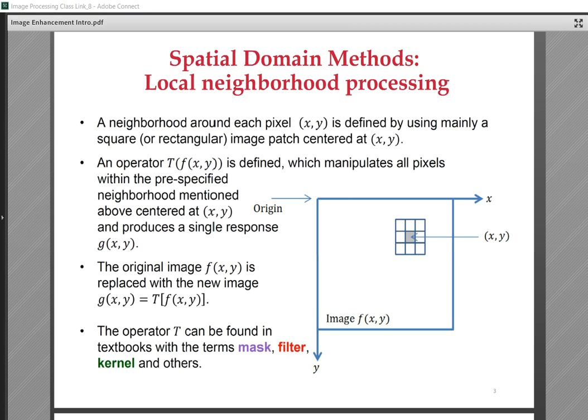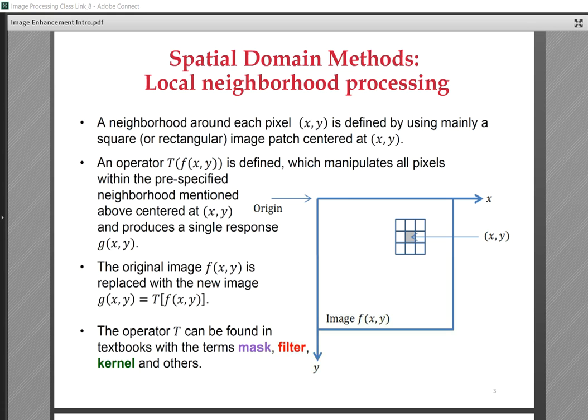Image enhancement method classification. We have two domains for enhancing: spatial domain methods and spectral or frequency domain methods. This time we only see spatial domain methods for enhancing an image.